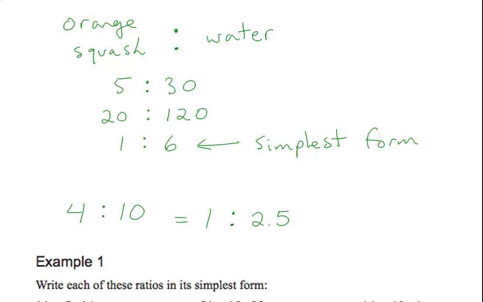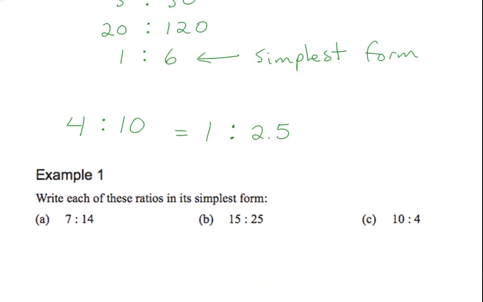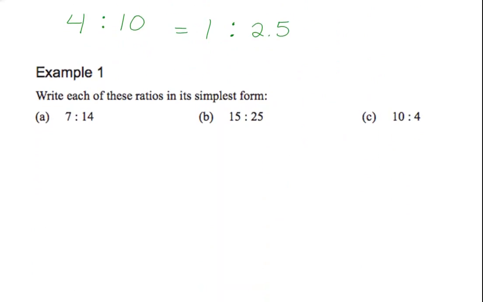So let's do some questions specifically around that. Write each of these ratios in its simplest form. Okay, so A, we're starting with 7 to 14. I'll write that out, 7 to 14, and we want to reduce this to the simplest form. So we want to take the 7 and turn it into a 1. And what operation do we use? Well, we divide it by 7.